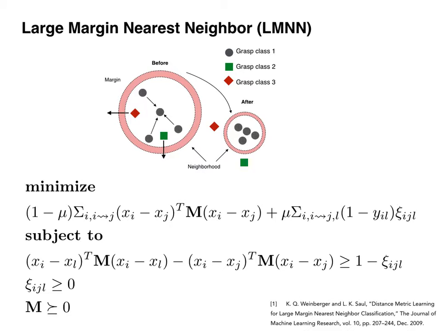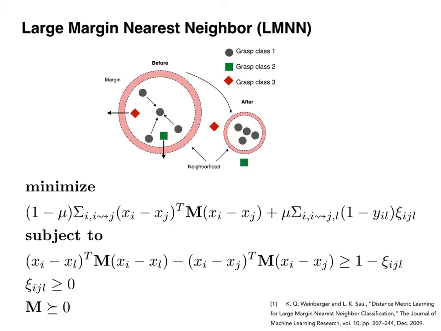I will not go into the optimization procedure here, but what you can do is condition the optimization procedure in such a way that you learn a diagonal matrix. And what happens then is that these diagonal matrix elements are essentially learned feature weights for each of the dimensions.